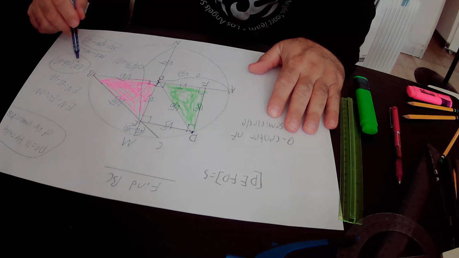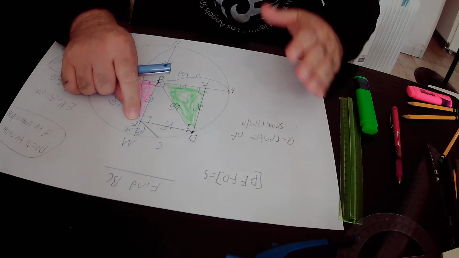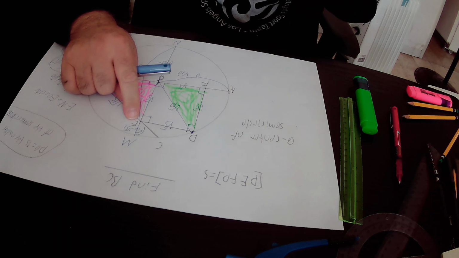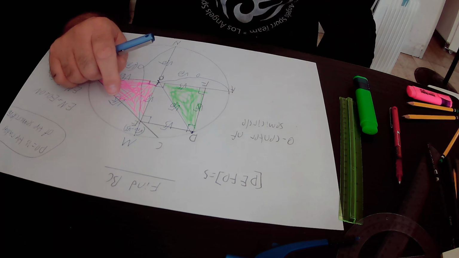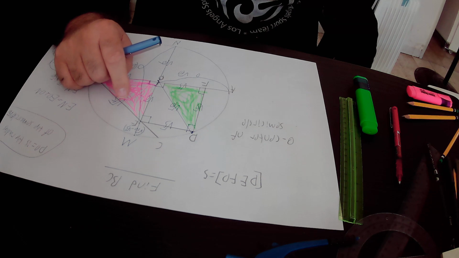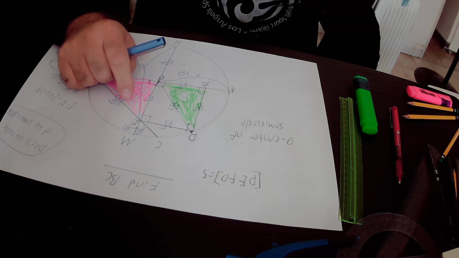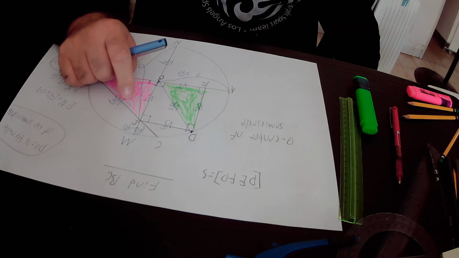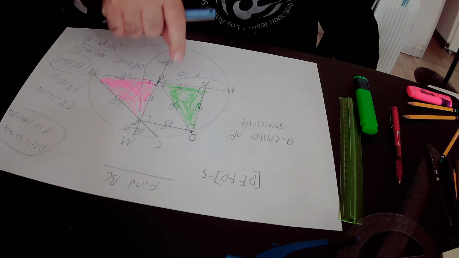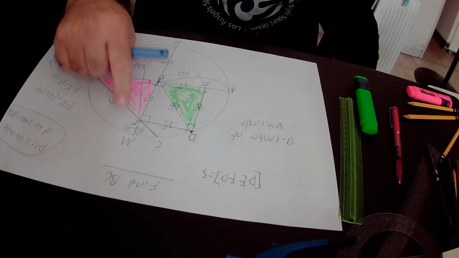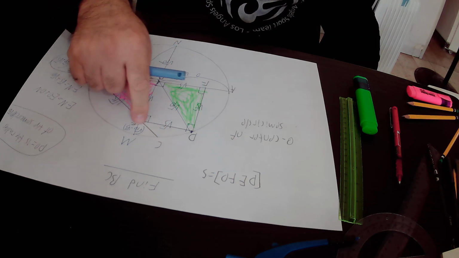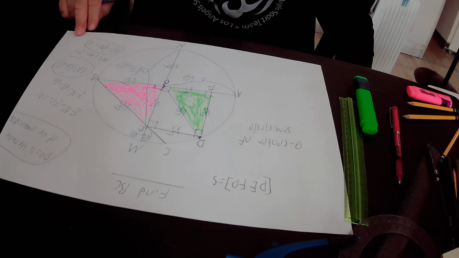This is chord CB at point E. Point E is the intersection point between the two chords. Therefore, we can implement here rule number 2 because we have two chords that intersect with each other. Therefore, according to rule number 2, we'll get that ME times EN equals CE times EB. Again, ME times EN equals CE times EB.